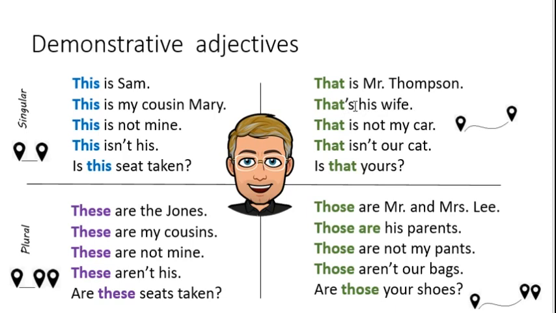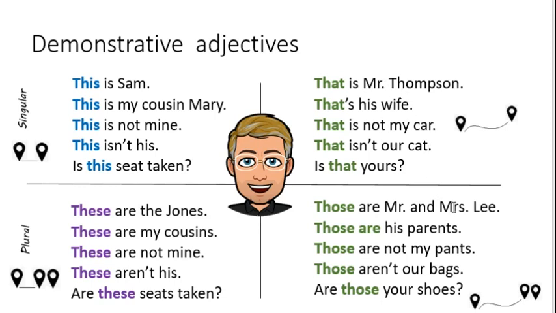That's his wife. That's is the contraction of that is. So Mr. Thompson is probably married and he has a wife, and that's his wife. When you see the letters MR plus a period, you pronounce it Mister.